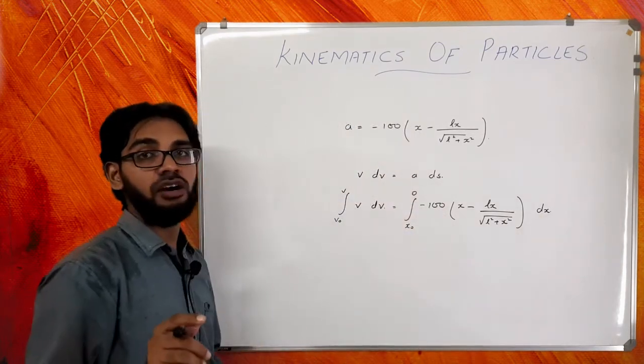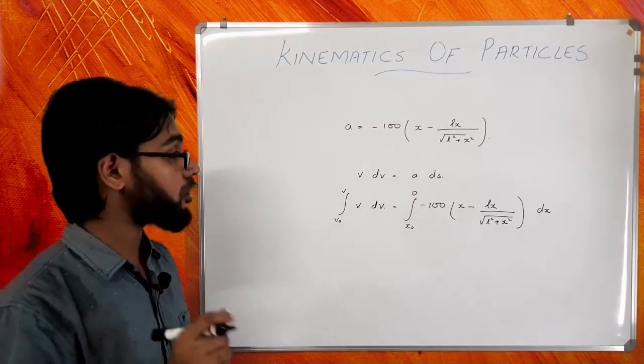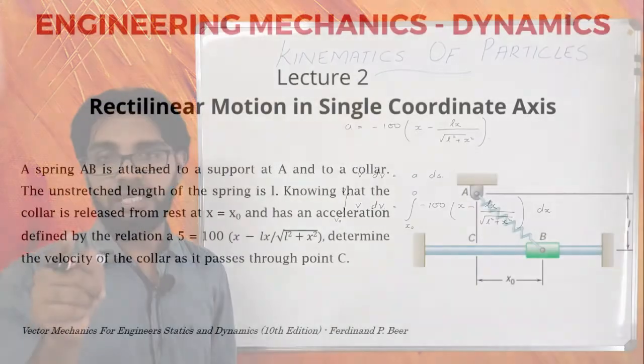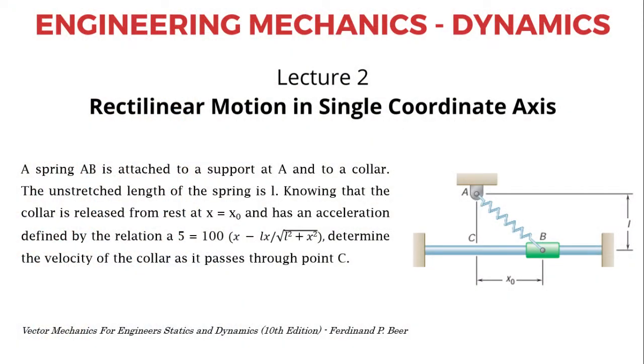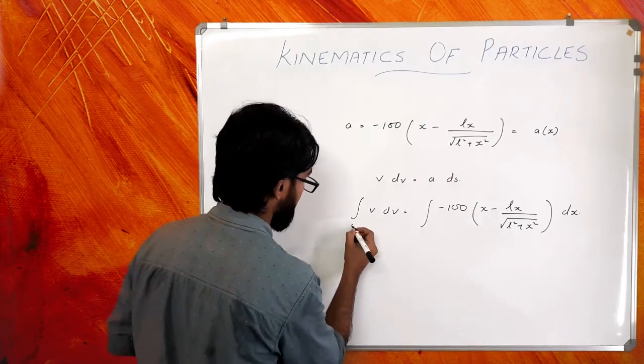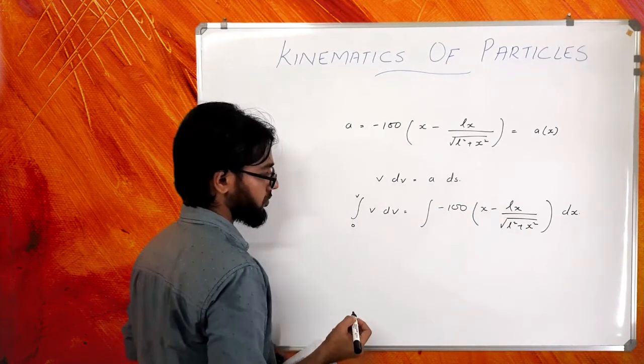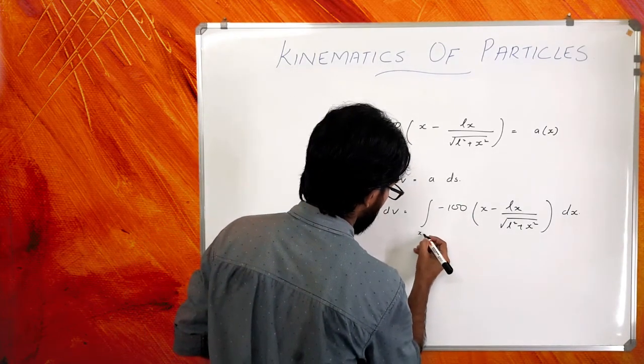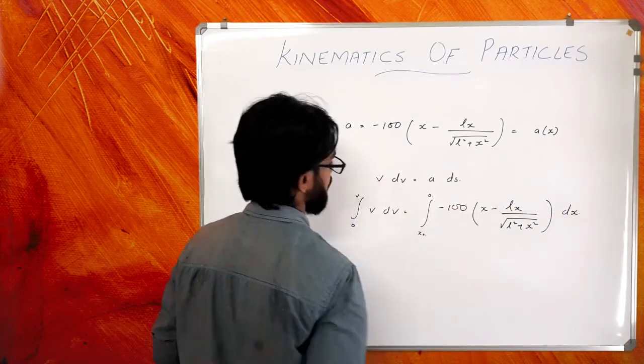The question is finding the velocity of the collar as it passes the point C. Now if you look carefully at the question, it is shown here that initially the collar is released from rest, and finally we need to determine the velocity of the collar as it passes the point C. That means at the final position the value of x will be 0. So as such we have the limits 0 to v and the value of x0 to 0.